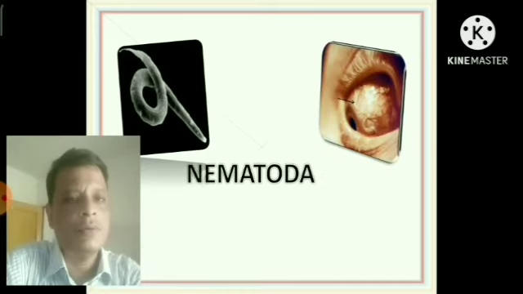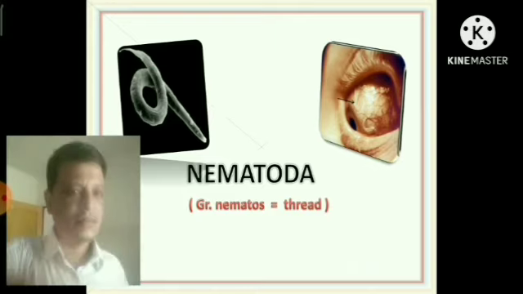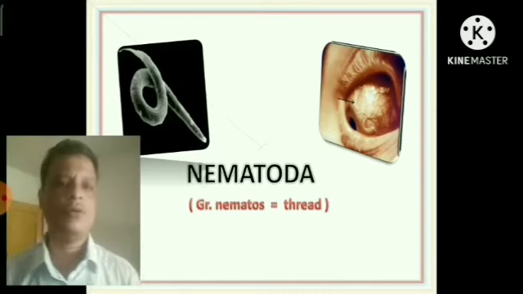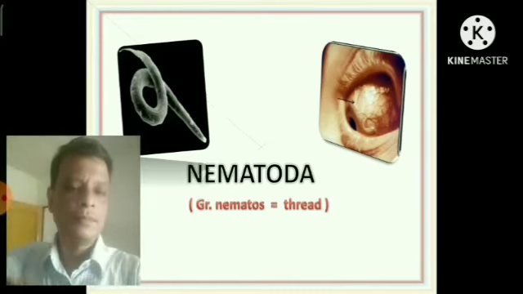Now, let's discuss the Nematoda. This is the fourth non-chordate phylum. Nematoda comes from the Greek word nematos, which means thread, and these are commonly known as roundworms or threadworms.